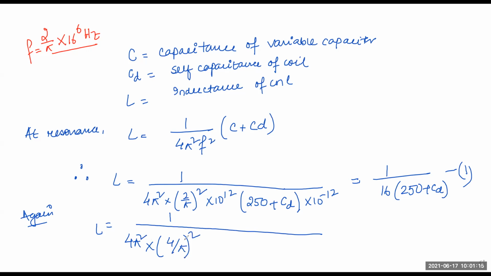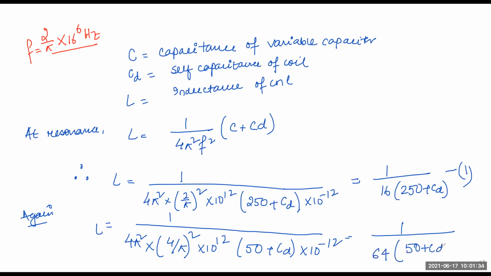So I'm writing 4 by pi whole square multiplied by 10 to the power 12, in bracket take 50 plus CD, multiplied by 10 to the power minus 12, and here it will come somehow 64, and here 50 plus CD. So from here you got two equations.